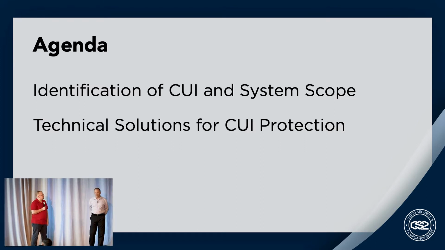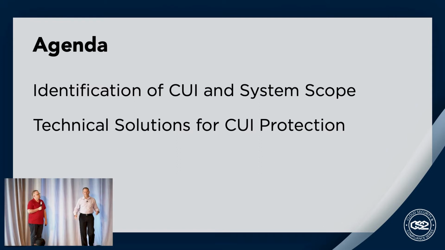Before we jump into the system scope piece, I'd like to mention that we are still waiting on actual scoping guidance from the government, okay? The DoD has not provided us official scoping guidance yet. So everything that you see here is based on our interpretation of what scoping needs to look like, and that may change once the government actually releases official guidance. So, stay tuned and we'll see what happens.